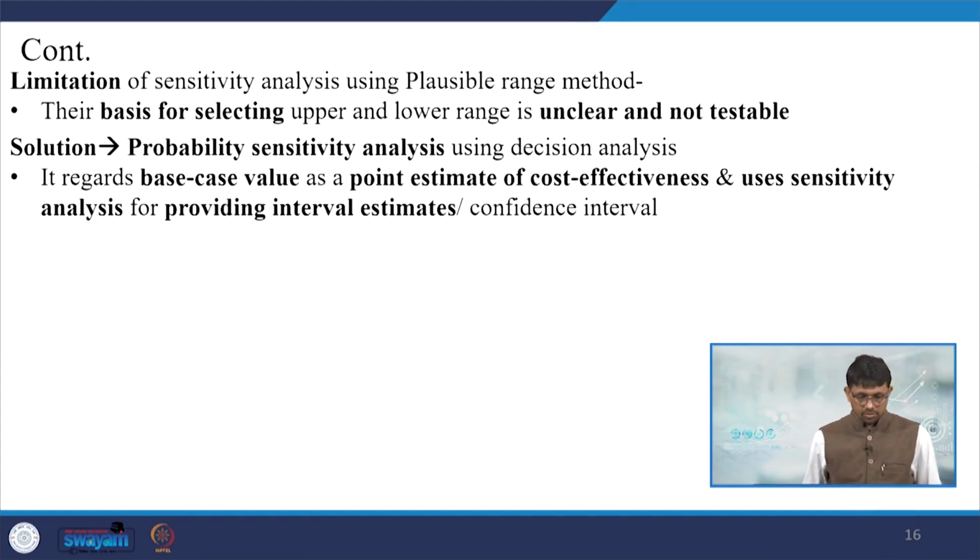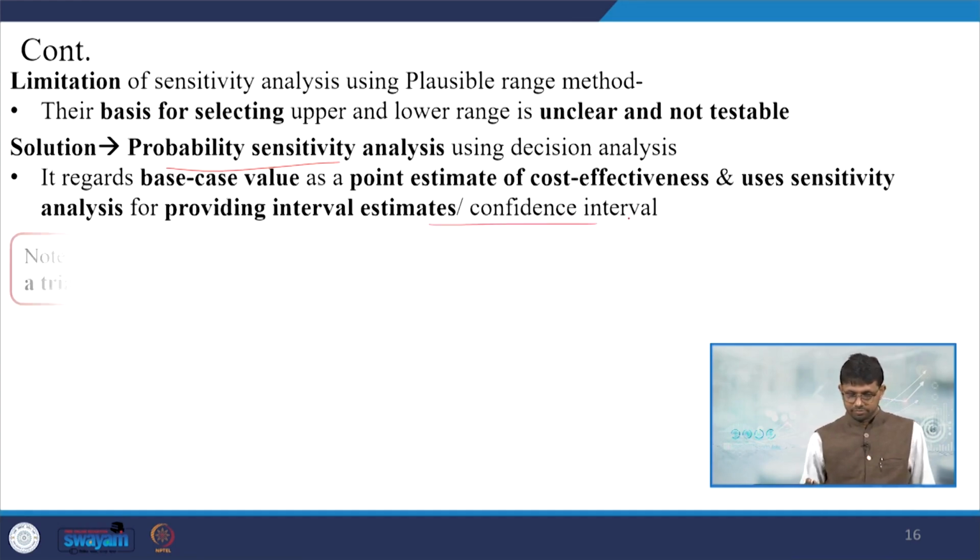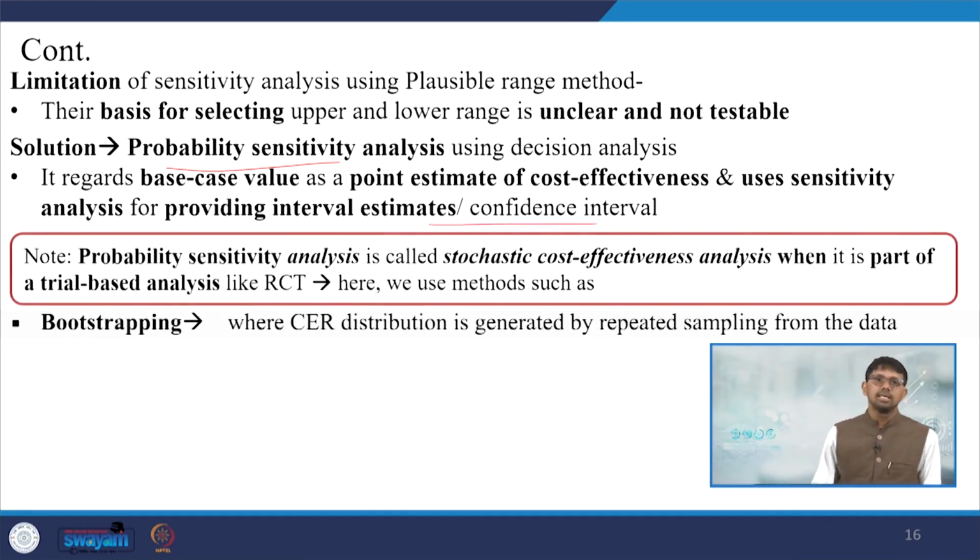It regards the base case value as a point estimate of cost effectiveness and uses sensitivity analysis for providing interval estimates or confidence intervals. Probabilistic sensitivity analysis is also called stochastic cost effectiveness analysis when it is part of a trial based analysis like an RCT, randomized controlled trial.